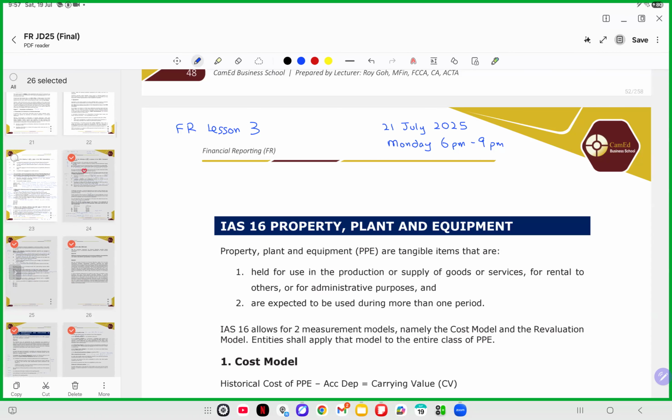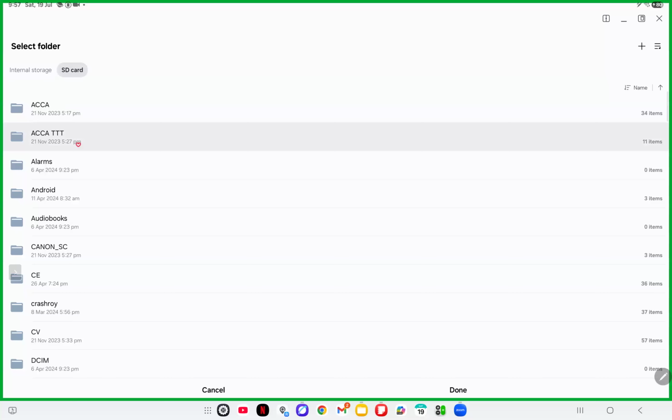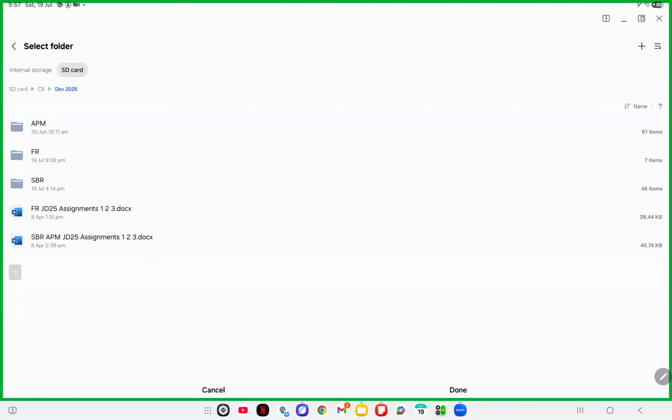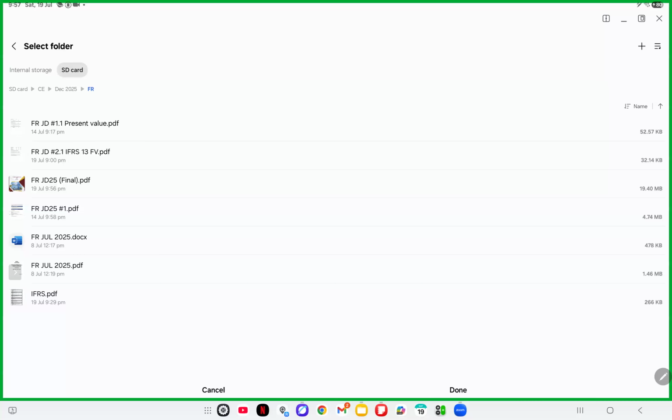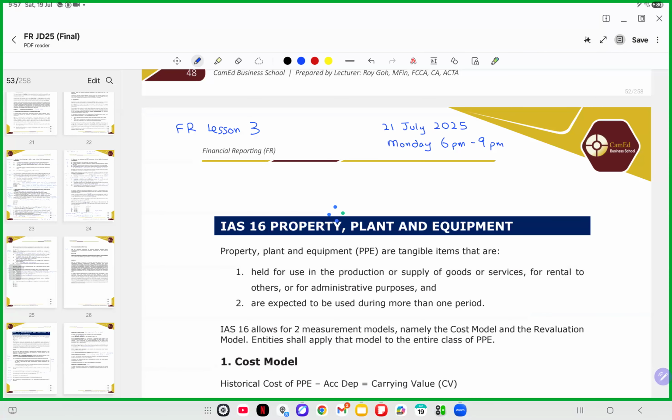There, this is lesson 2. I will print it into PDF as lesson 2 on my SD card. This is 25 FR. I will save it here and call it number 2, text 2. So lesson 2 has just ended.